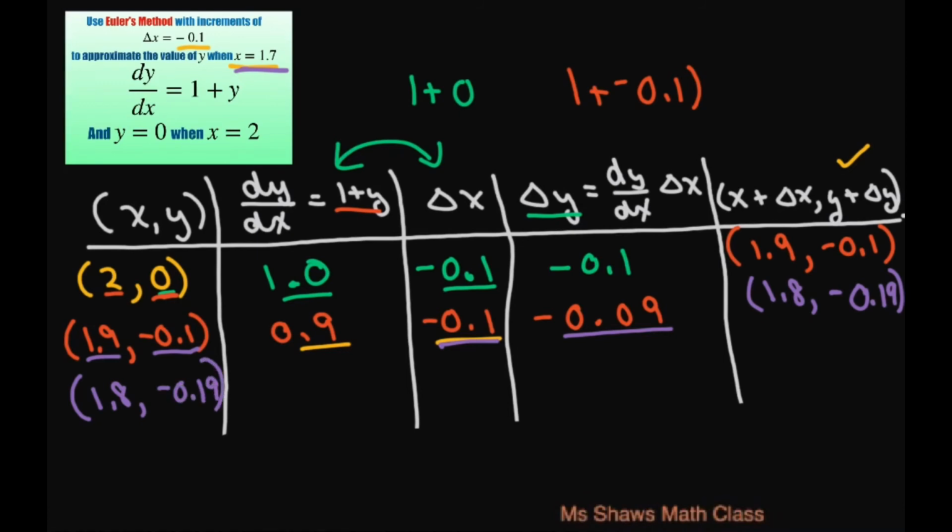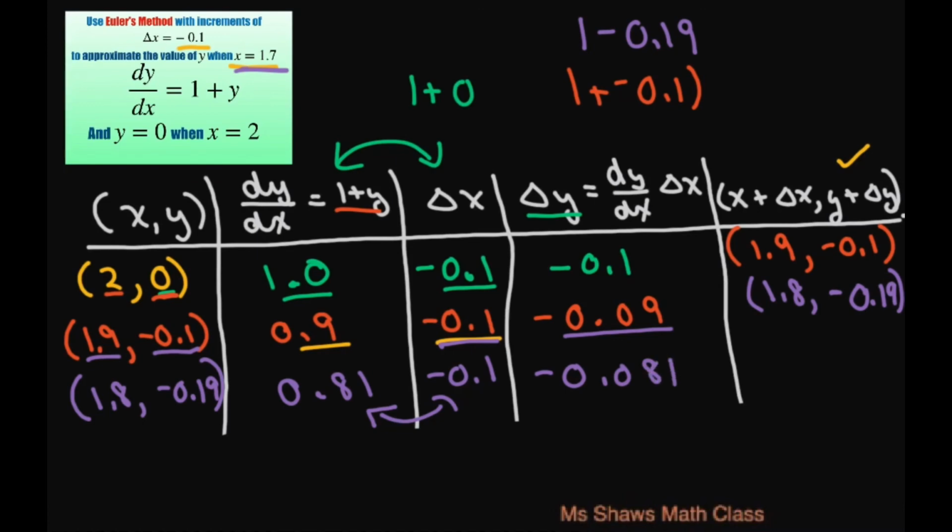All right, so now we have 1 minus negative 0.19. That gives us 0.81. All right, this stays the same, negative 0.1. And now you multiply these two, and you're going to get negative 0.081.